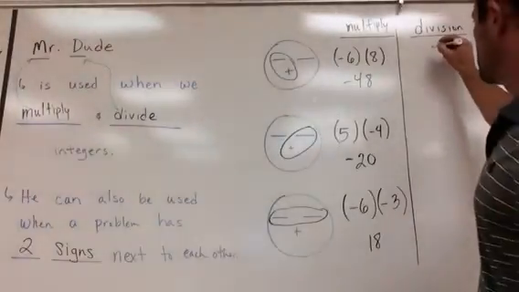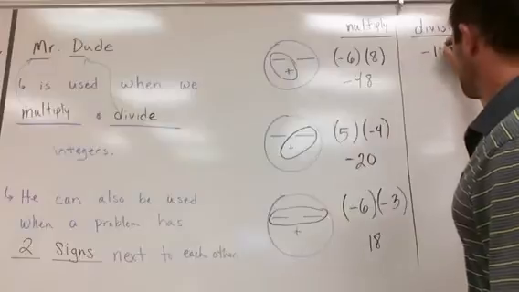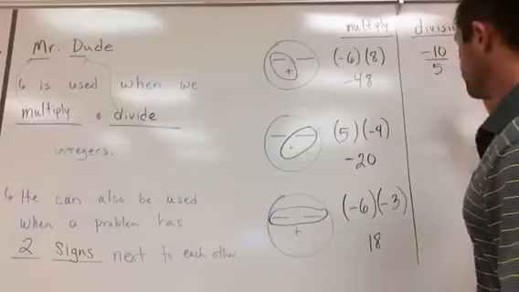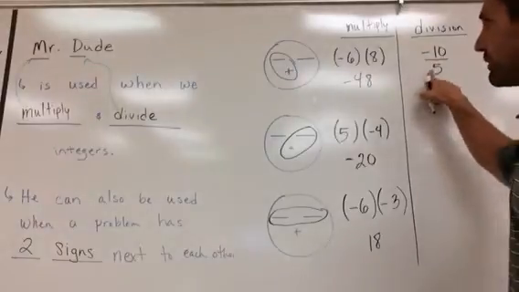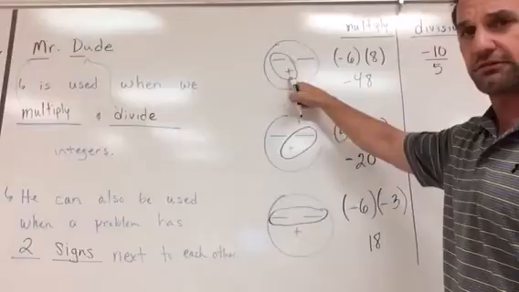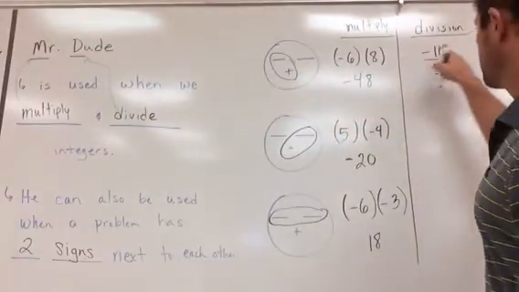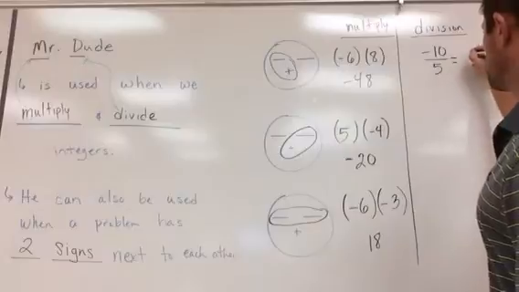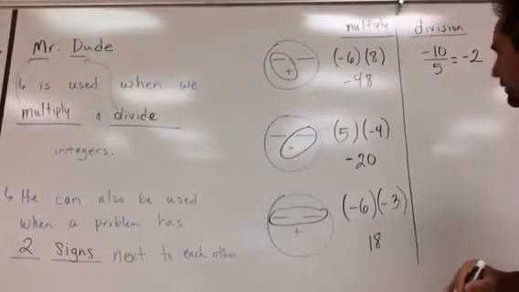Okay? And in our first division problem, let's say a -10 divided by 5. Okay? We have one negative, one positive. We have Mr. Dude over here, a negative and a positive, so our answer has to be negative. And -10 divided by 5 is 2. Okay?